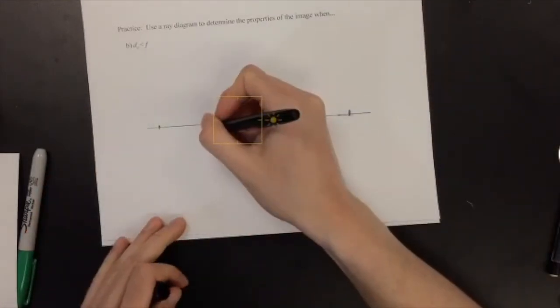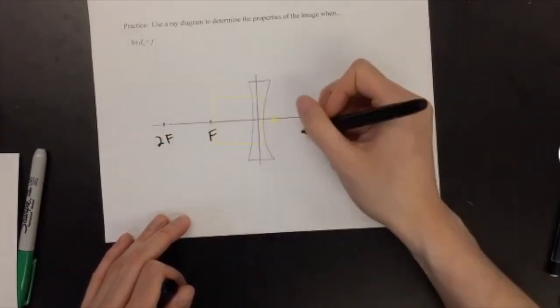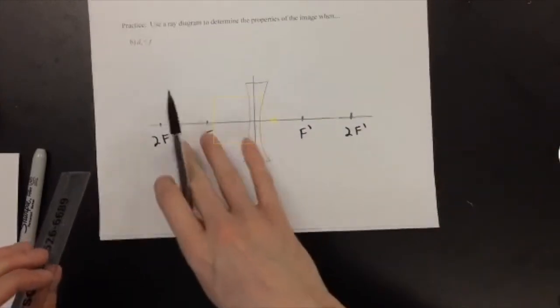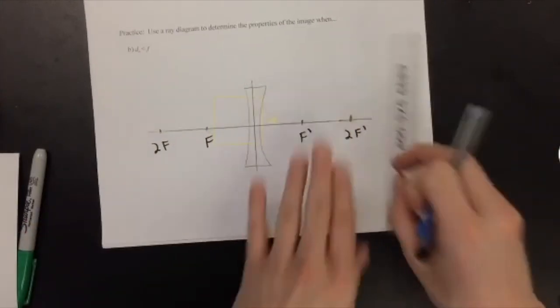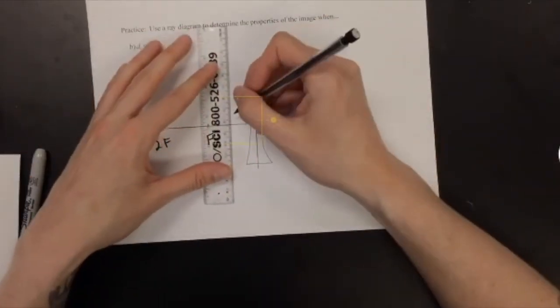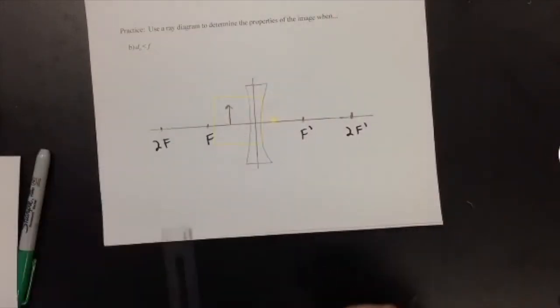So this is now the principal focus, and on this side, we now have the secondary focus. Again, because I'm going to put the object on this side. If you put the object over here, then flip it again. So if DO is less than the focal length, let's put the object right in the middle. Let's do our 3 rules.